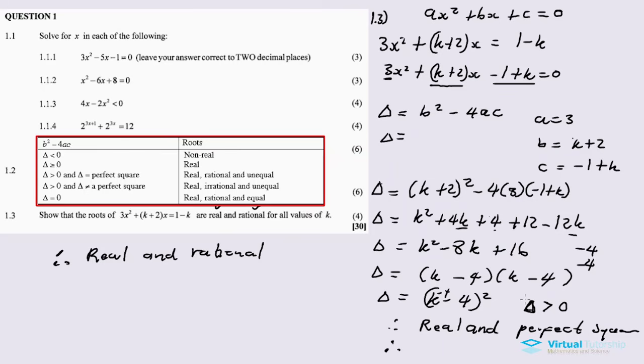You just have to set up an argument that helps you answer the question. My argument was that for every value of k I get a positive value, so that makes our discriminant positive. So we have real and rational values. If the discriminant is greater than 0, we have real and rational roots, right?